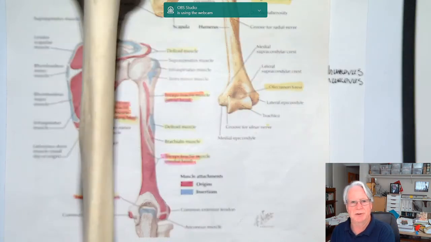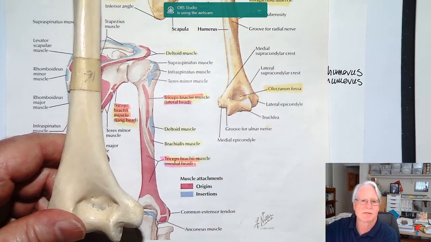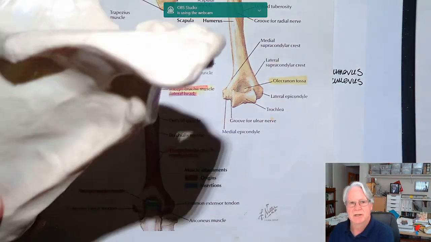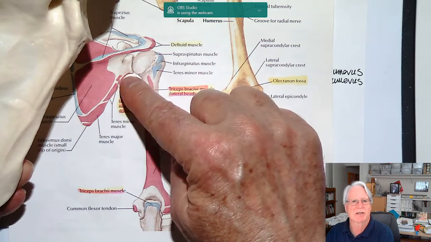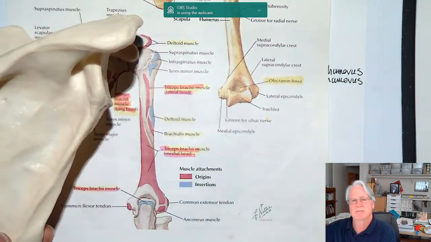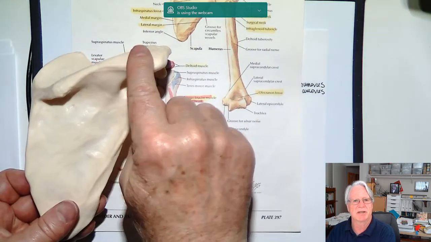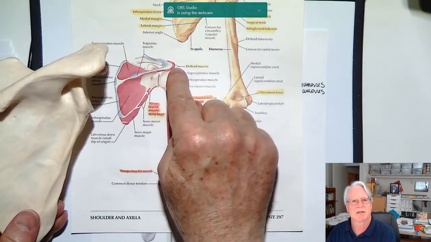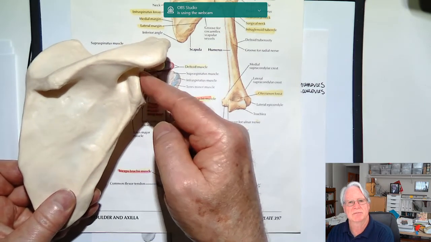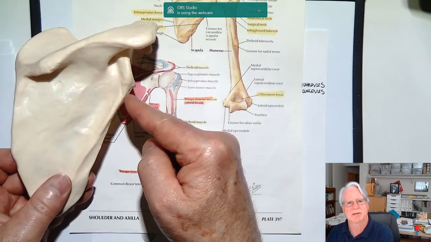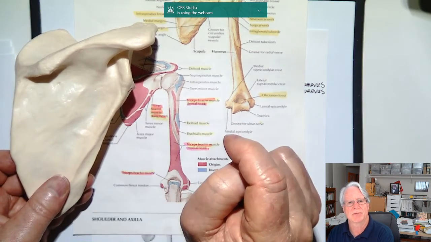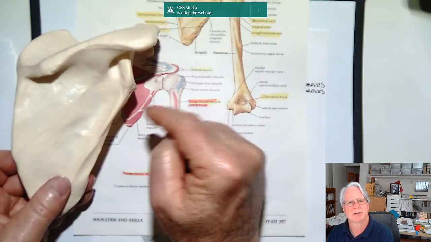Okay. So if we're looking at this, here's the posterior surface. Well, let's do the scapula first. So this right here, there's my scapula. Here's my spine. Here's the glenoid cavity or fossa, and right underneath it, my long head is attached right here.